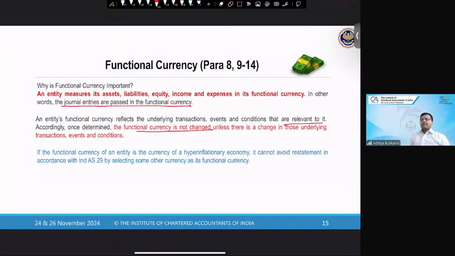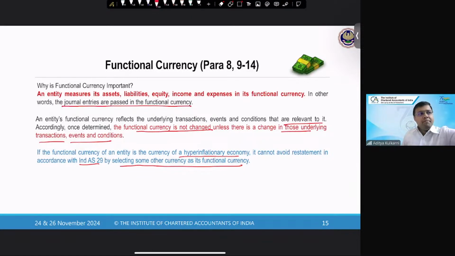So functional currency should not change generally, unless there is a change in those underlying transactions, events, and conditions. If the functional currency is the currency of a hyperinflationary economy, it cannot avoid restatement in accordance with Ind AS 29 by selecting some other currency as its functional currency.